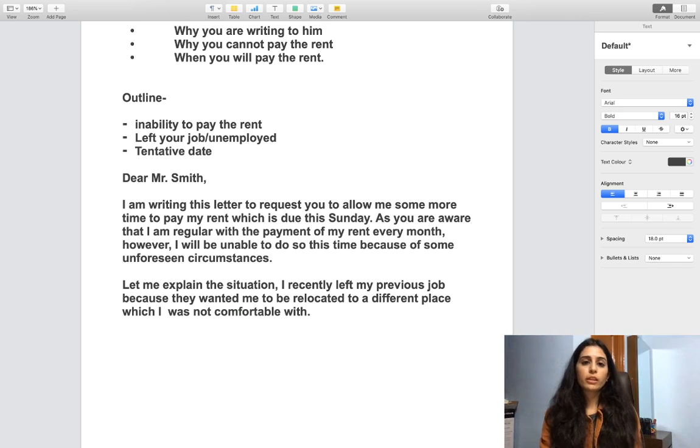So you're explaining the situation and you're saying that I recently left my previous job because they wanted me to relocate. They wanted me to relocate to a different place which I was not comfortable with. So you have a genuine reason of leaving your previous job because those guys wanted you to move to a different place. So you could consider it to be a transfer or posting to a different place, and you were uncomfortable with it, so you left that job.